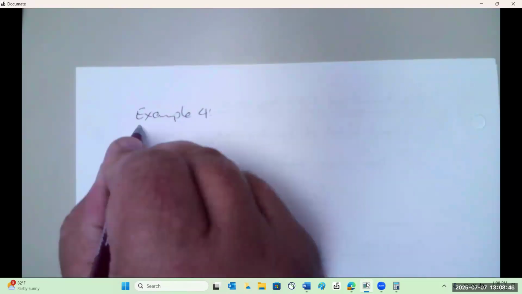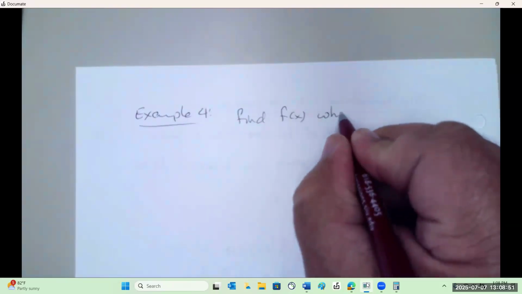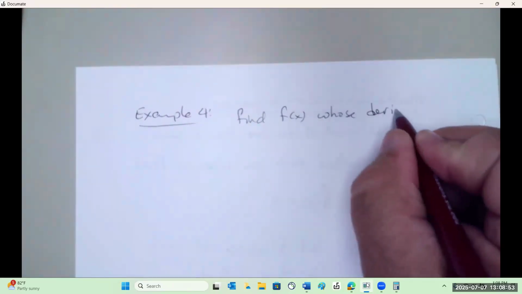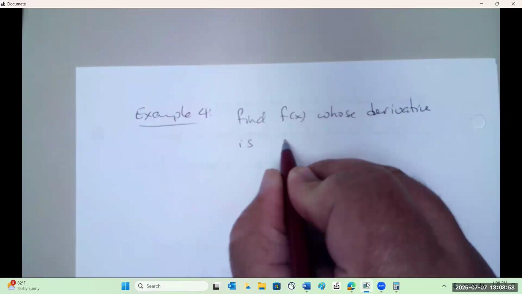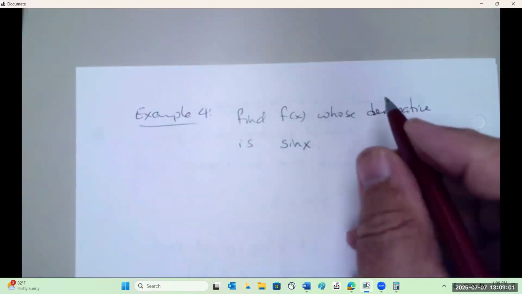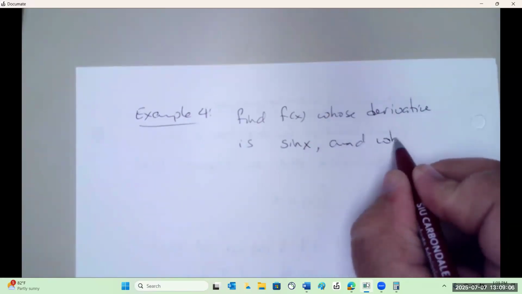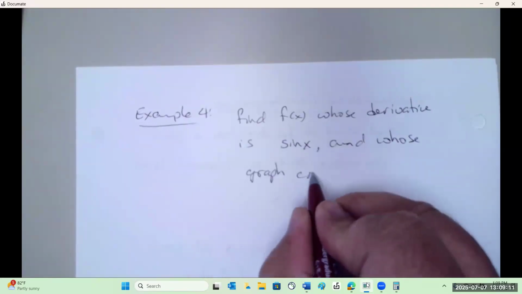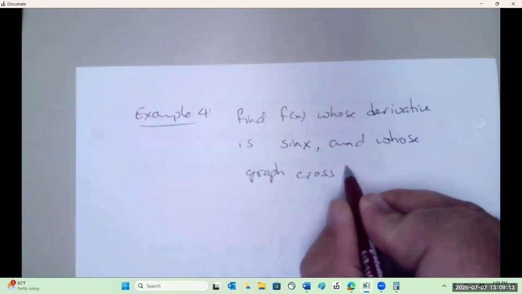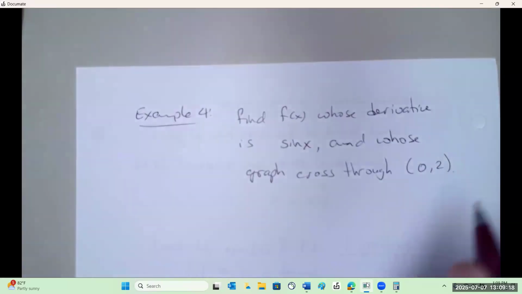Example 4. Find f of x whose derivative is sine x and whose graph crosses through the point 0, 2.